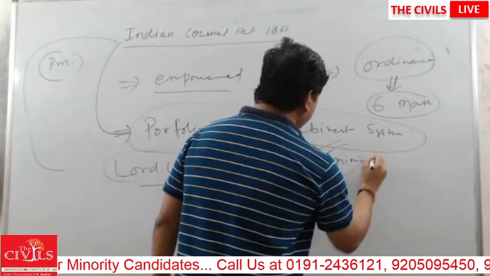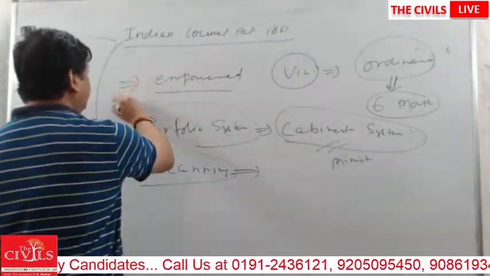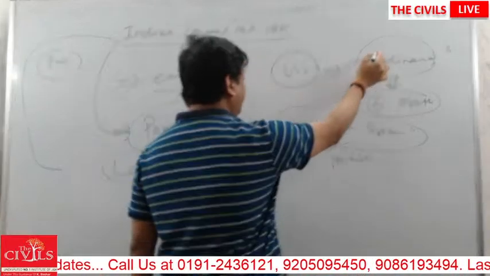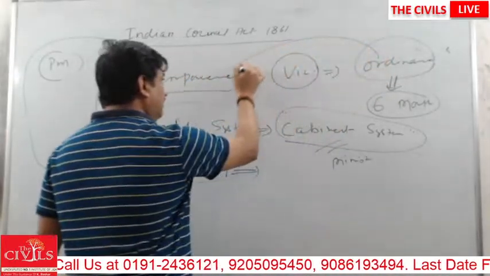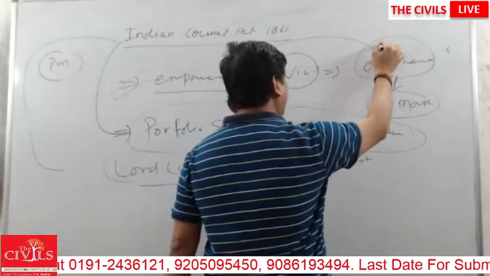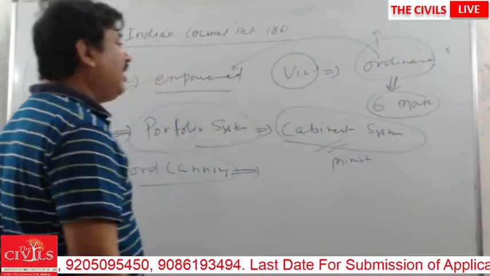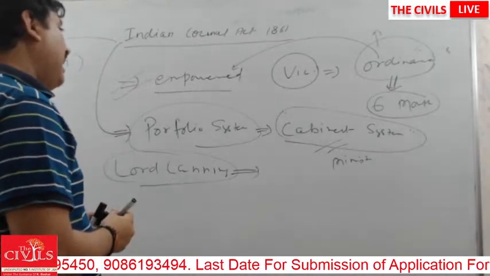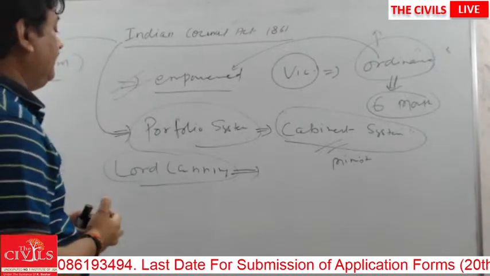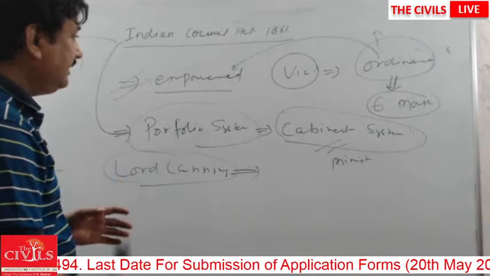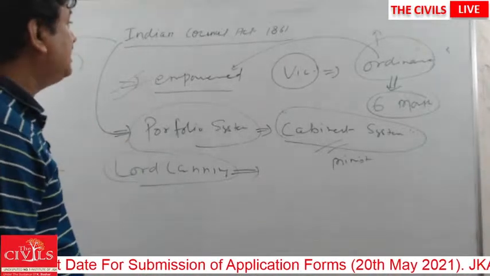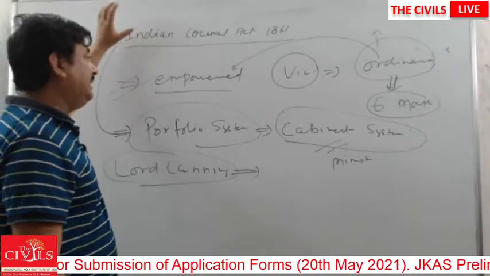So these 2 points are very important. The ordinance power: the Viceroy or Governor General of India got the power to issue ordinances by this act.